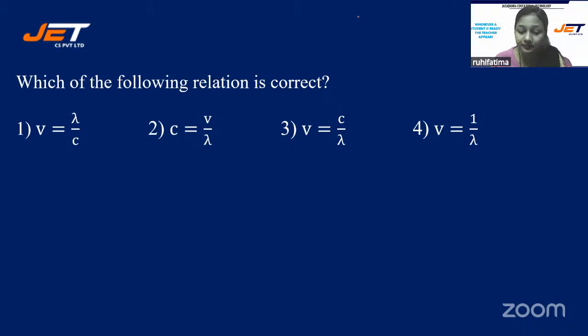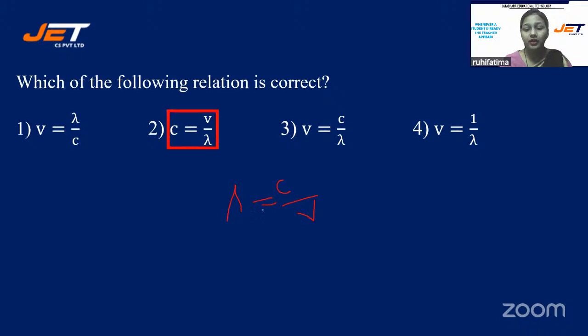Hurry up. As you all know, what is the relation? The relation is just lambda is equal to C upon V. Okay. This is the relation. What will be the correct one?